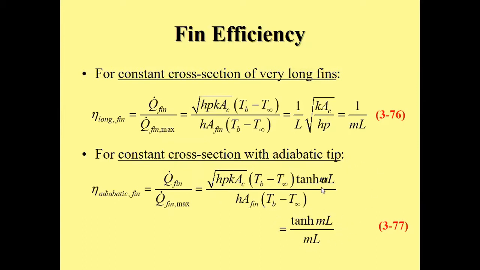It also depends on the same parameters, but with a different equation, because you have a different assumption or different case at the fin tip. These are the two examples for the two cases that we have seen. So you can do this for the others, right?